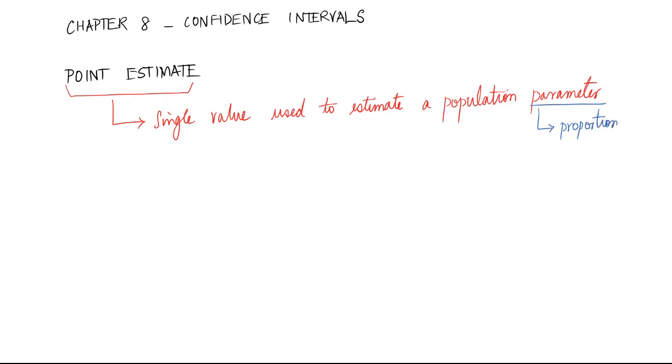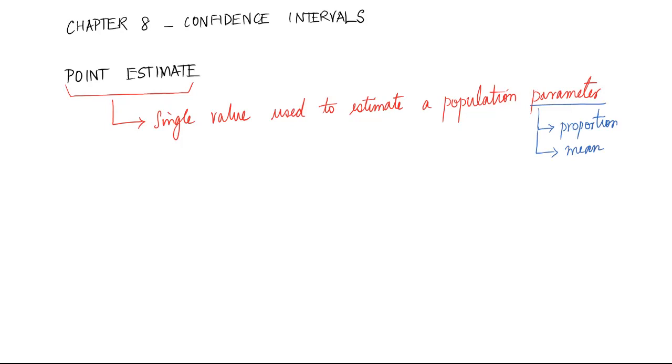Again, think of proportion as a percentage. So I'm asking, is 5% of the population folks wearing contact lens? So then I'm trying to find a percentage of the population, a proportion, to make my claim. Or I could be talking about an average, which is the mean, right?